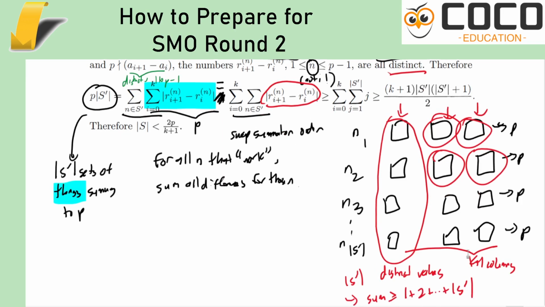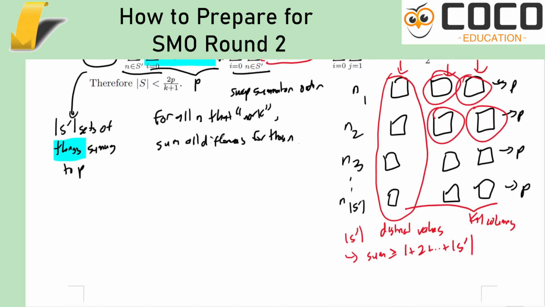And so therefore, what I am trying to say is that I cannot have too many things in my S prime. I cannot have too many rows, because the number of rows will affect the sum of each column, and I already know the number of columns.